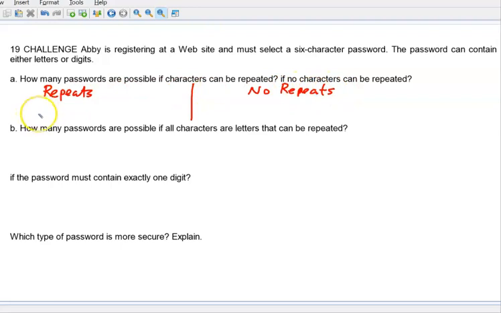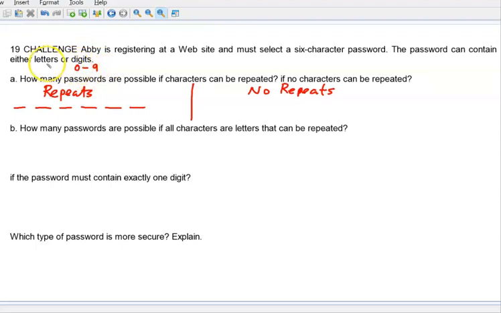All right, so let's just lay it out here. It's a 6-character password. Since it can be letters or digits, there's 26 letters, and there's 10 digits because the numbers 0 through 9.